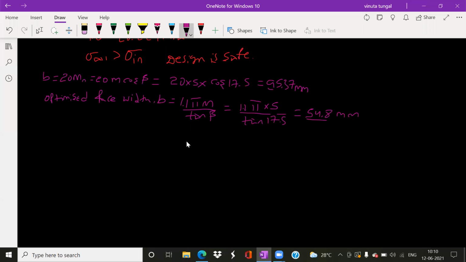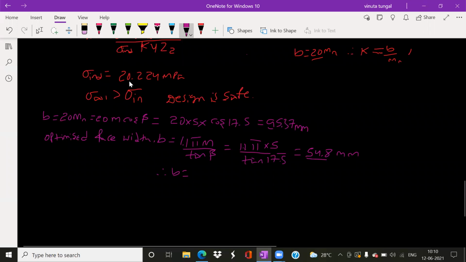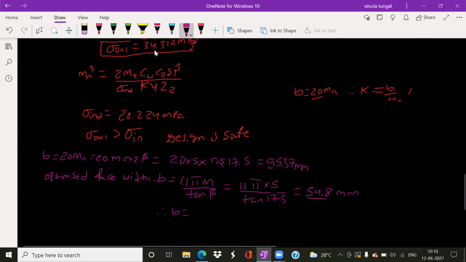Yes, good. After that, as you have calculated the value of induced stress and allowable stress, B is equal to 20.224 divided by allowable stress, which is 34.312, multiplied by the face width which you obtained, 95.37.